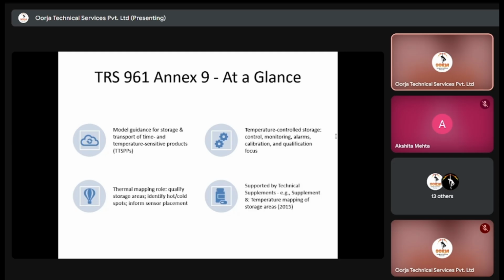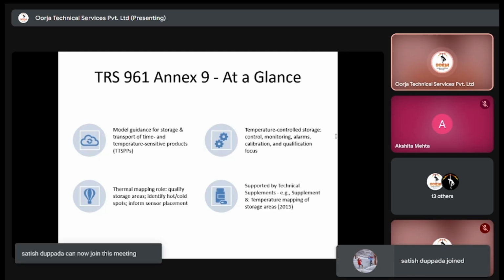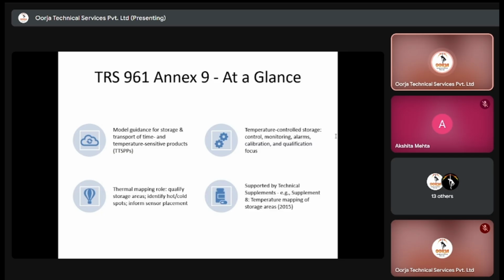Now, basically, what does this document provide? It provides a comprehensive framework for the safe storage and distribution of pharmaceutical products that are sensitive to time and temperature. And what can those products be? It can be vaccines and other biologically active drugs. Now the question is what it covers, right?